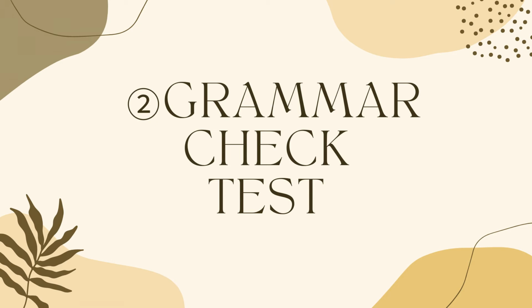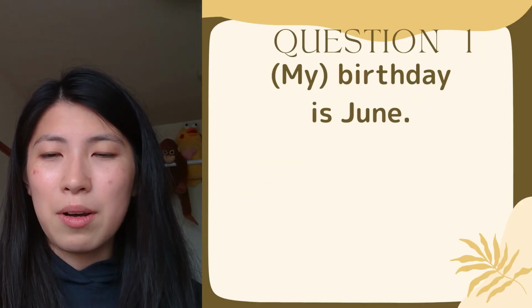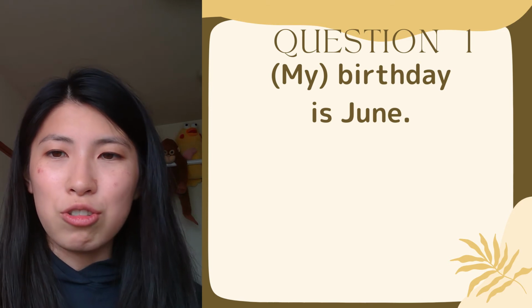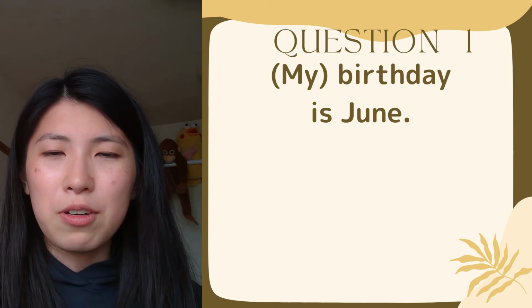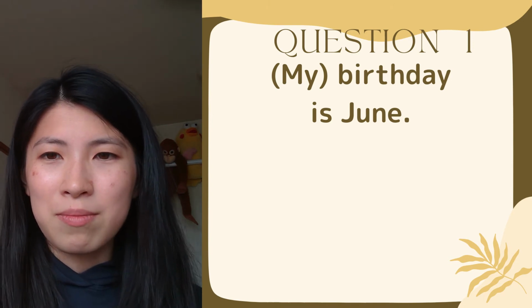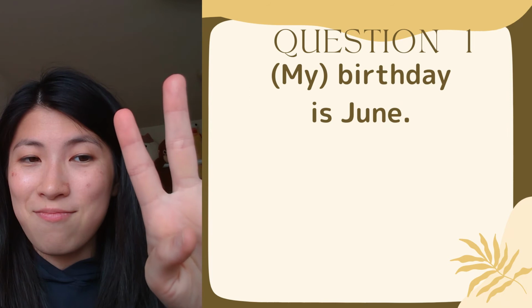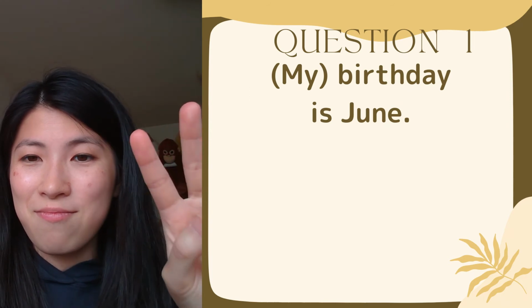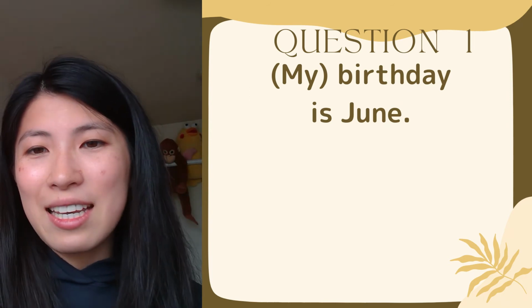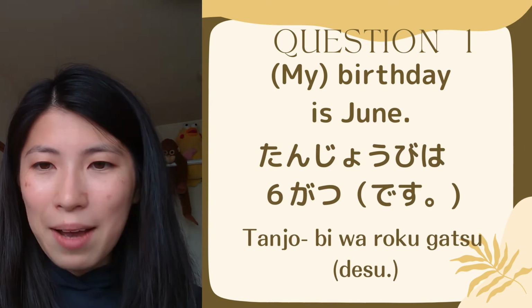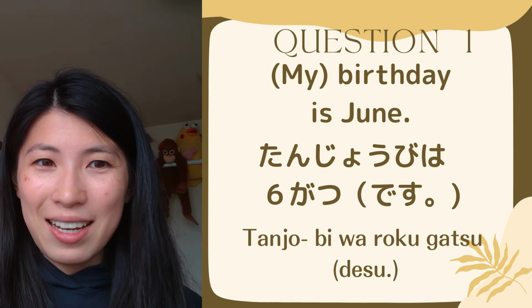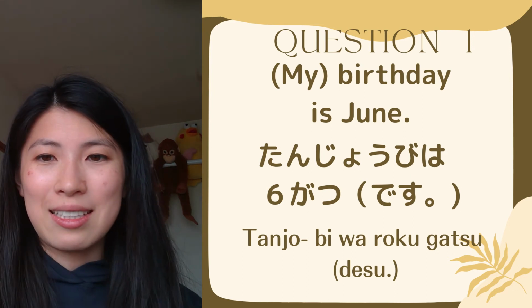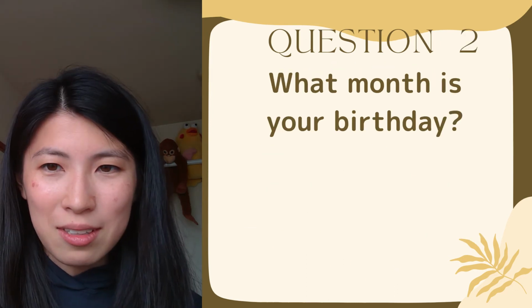So, grammar check test. Let's translate a few sentences together. The first one: my birthday is June. How to say my birthday is June? I'll give you 5 seconds. The answer is 誕生日は6月です。Next one.